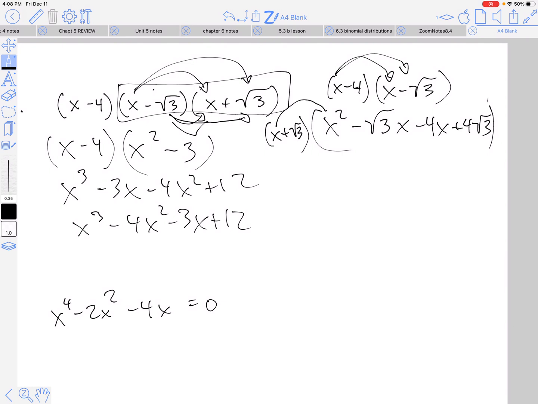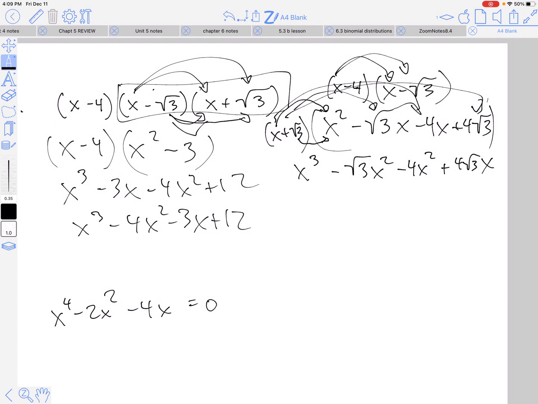So first do the x. I'm going to get x cubed, and then here, minus root 3x squared minus 4x squared, right? And then plus 4 root 3x.